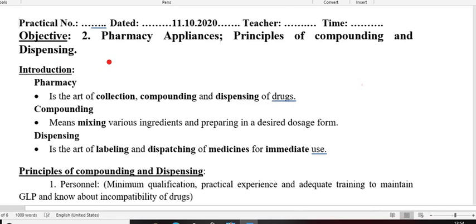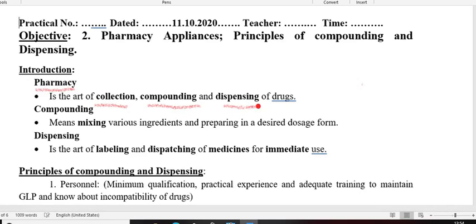So we have to go through the definition of pharmacy. You have to recall only three terms to recall the definition of pharmacy, and these three terms, or you can say the words, are collection, compounding, and dispensing.